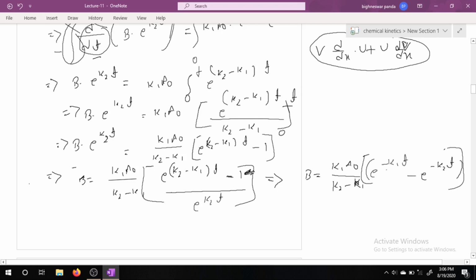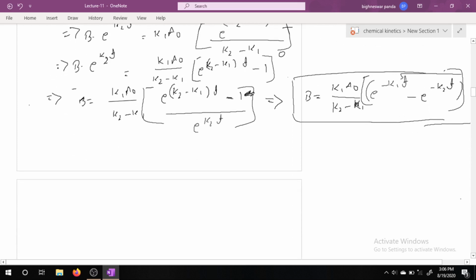So we have the concentration of B as a function of time. Now I have to calculate the concentration of C as a function of time.